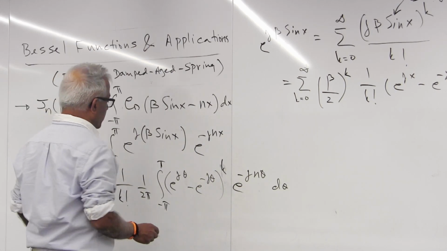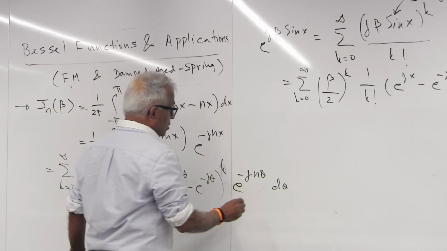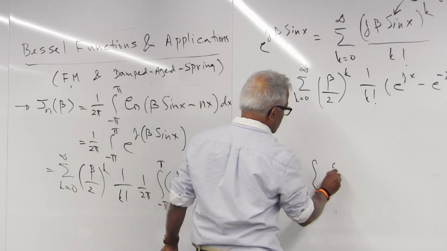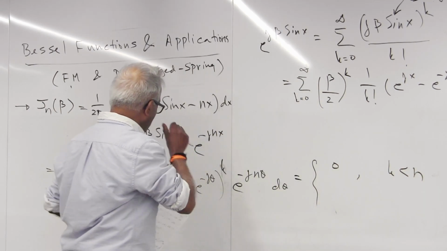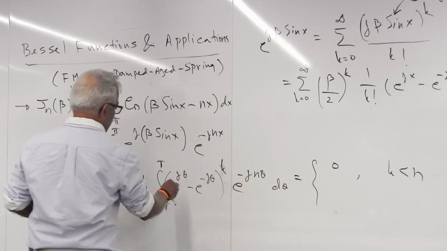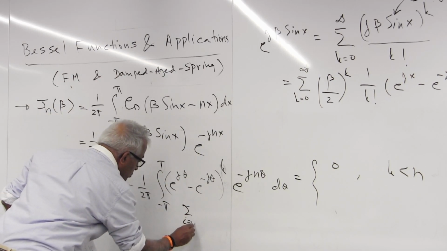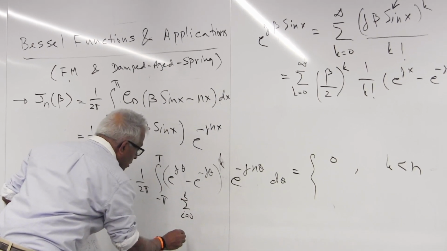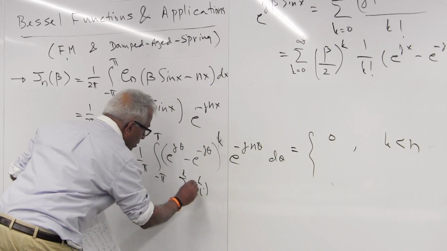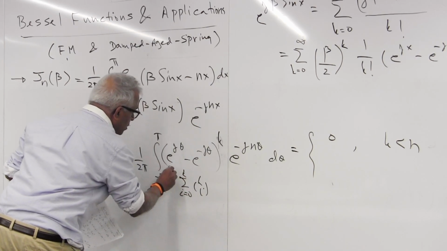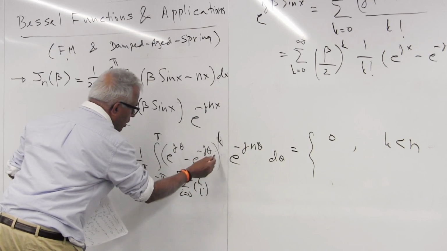Now this integral, you can quickly see that it is 0 if k is less than n. The logic is that you can expand this as another summation, i equal to 0 through k, k choose i, e to the power ji, e to the power k minus i.